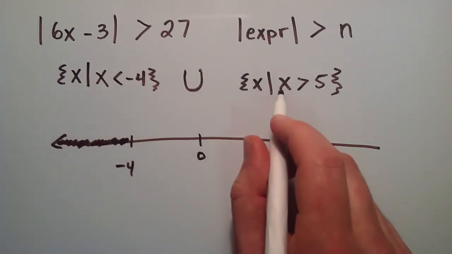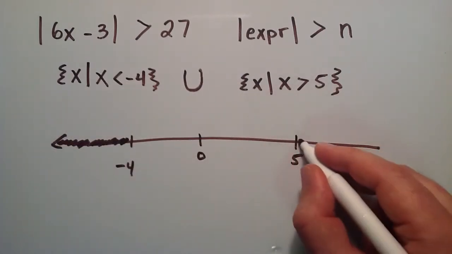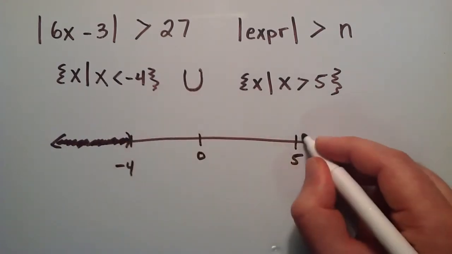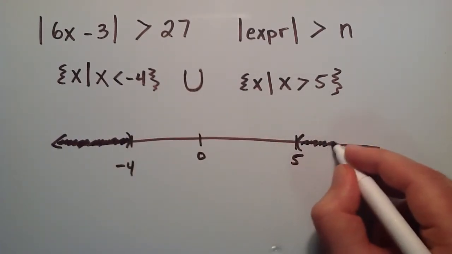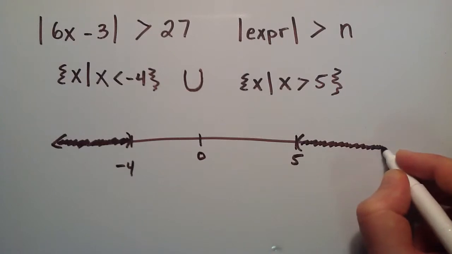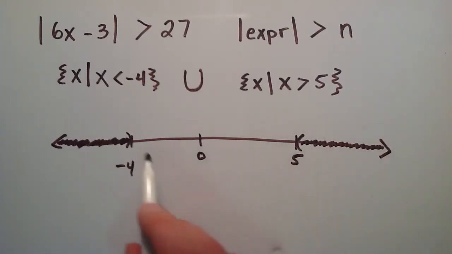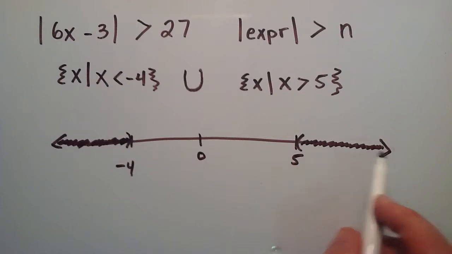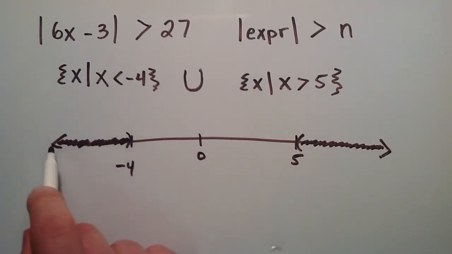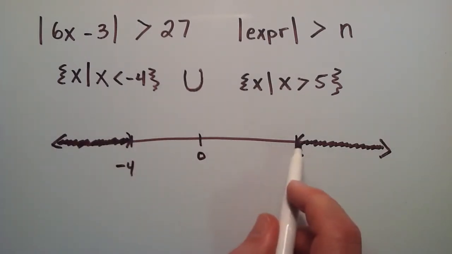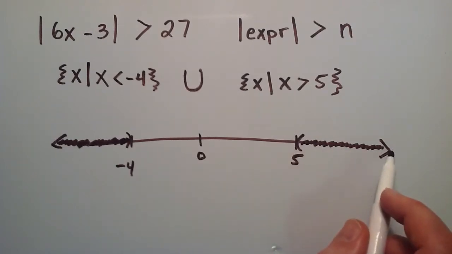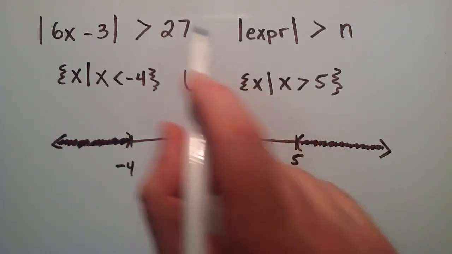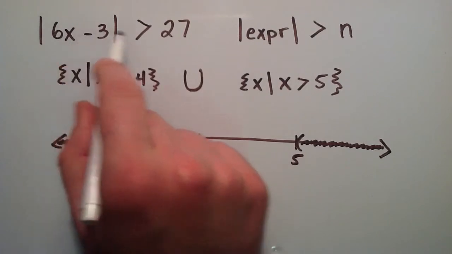And over here, x can be anything greater than 5, so it's all this stuff over here up to positive infinity. So our solution doesn't include anything in this range. It's just this part and this part over here. So basically, if we were to choose any value less than -4 or any value greater than +5, and we chose that value, plugged it in for x, then this would produce a true statement.